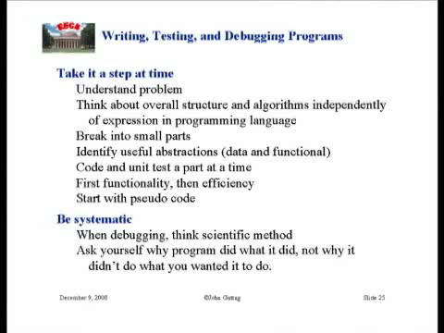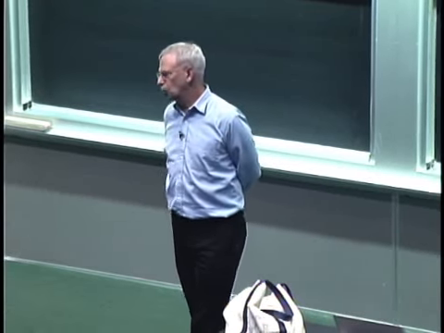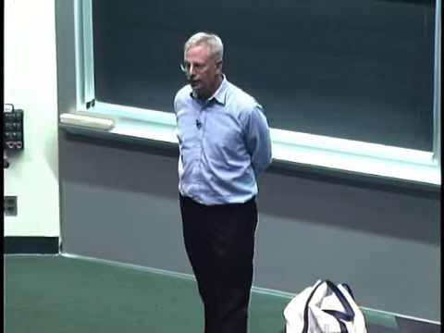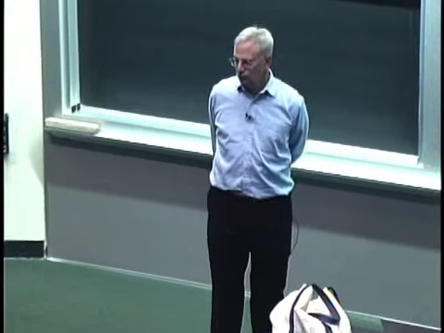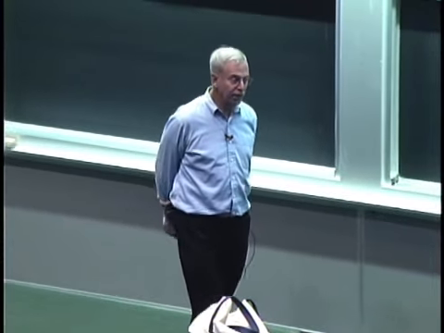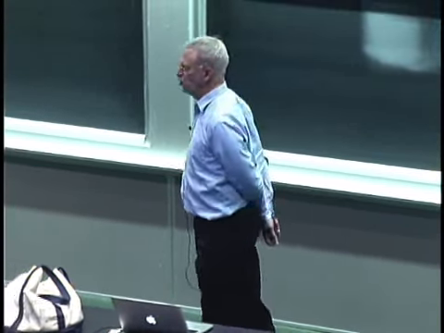So you might say, well, I'm going to use dynamic programming. And that's an independent decision from Python or Java or C++ or anything else to implement it. And in fact, it's pretty easy to translate a well-organized program from one language to another. Break it into small parts. And we talked about unit testing and the importance of that.